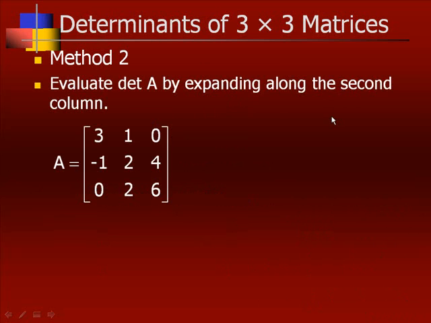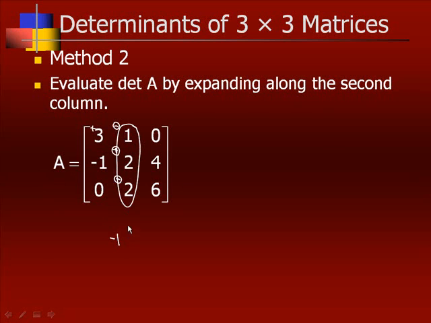Okay, now this is the same determinant, but it says evaluate the determinant by expanding along the second column. With this method, we can pick whichever row or whichever column we want. So if we're expanding along the second column, we're thinking plus, minus, plus, minus.